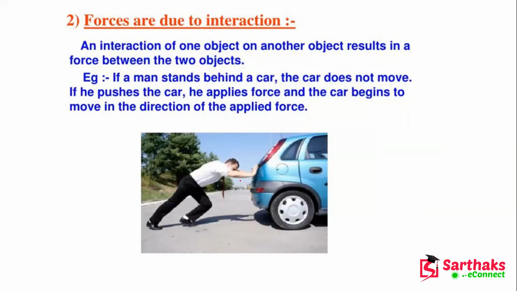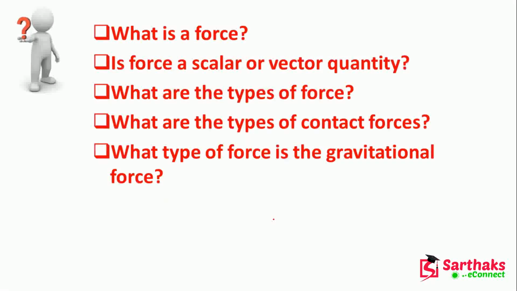The person stands and the car also will not move. But if he touches the car and pushes it, at that time you can see that the car may move a little bit. So this interaction, he is doing with the help of his hand. This interaction is very important.